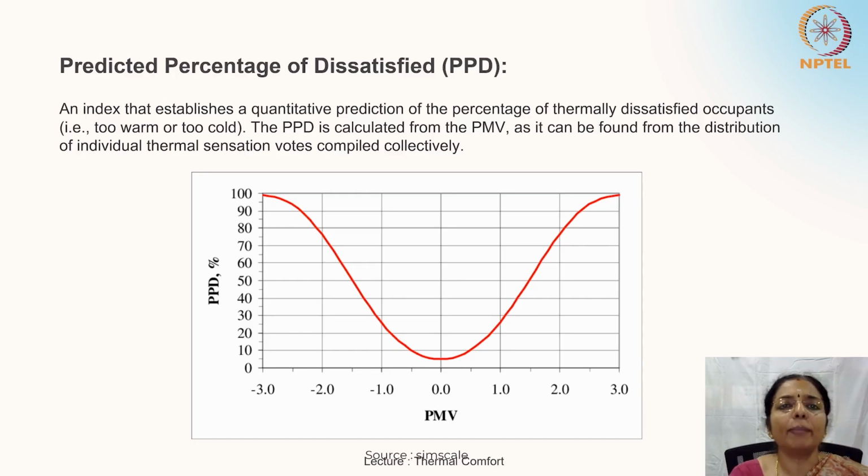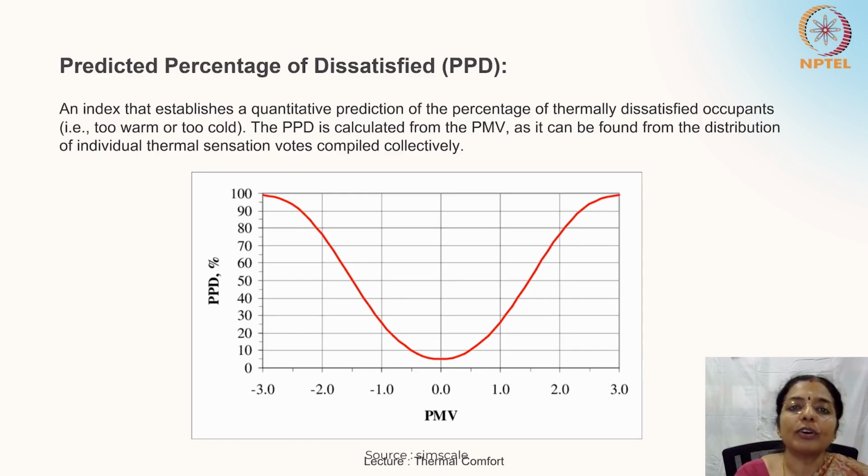The PPD provides a statistical prediction of how many people will be dissatisfied with a particular thermal environment. Even in the best environments, when PMV is neutral, that is when PMV is 0, a certain percentage of people will still be dissatisfied because individual preferences vary. This is why achieving 100% satisfaction is practically impossible.